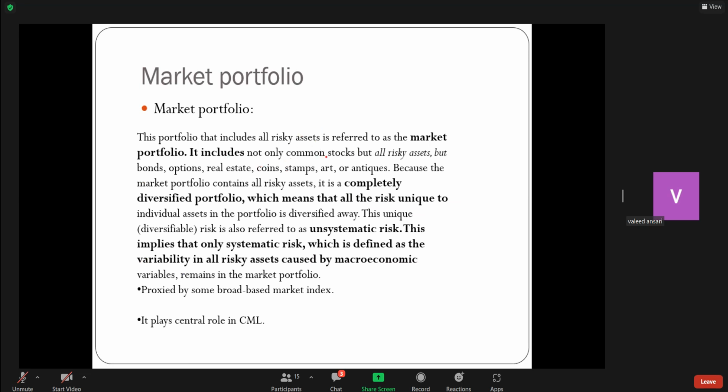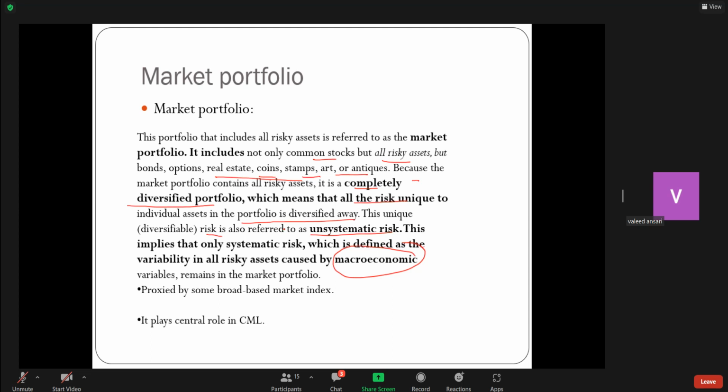It includes not only common stock, but every risky asset, and it is completely diversified. It means that risks unique to individual assets in the portfolio are diversified away. The unique diversifiable risk is also referred to as unsystematic risk. It means that the only risk which matters is the macroeconomic risk.